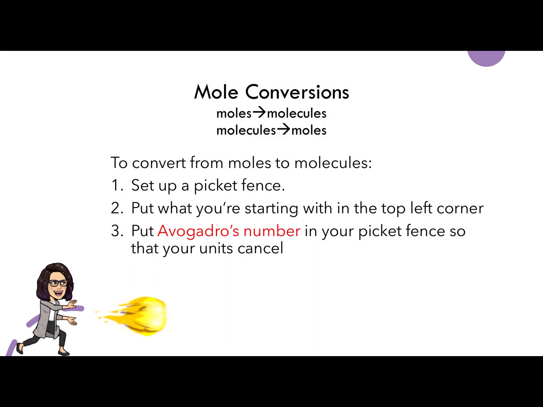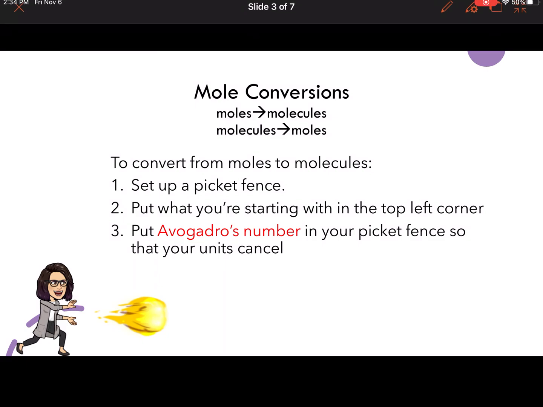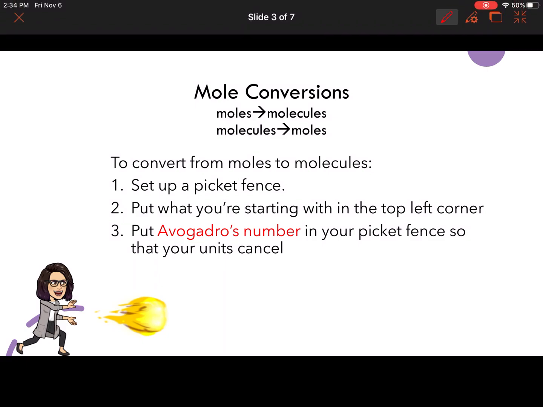So if we're going from moles to molecules, we're going to put Avogadro's number on top. And if we're going from molecules to moles, we're going to go ahead and put that number on the bottom. And so let's take a look at how these work by doing a few together.